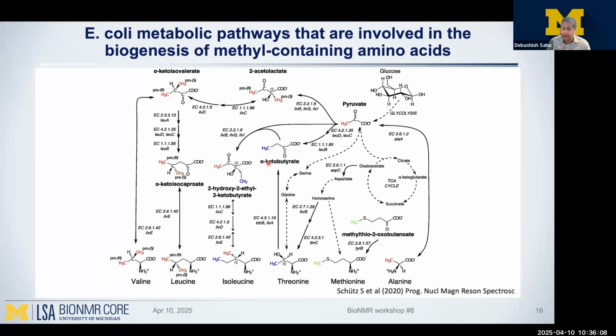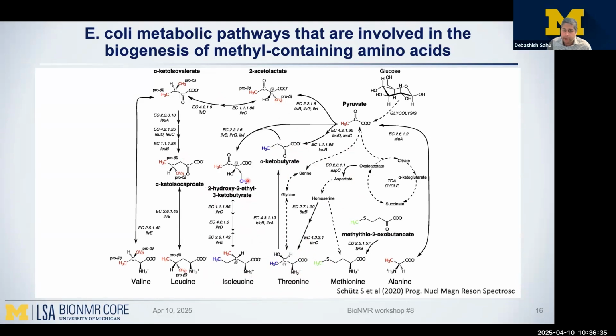And again, I can share the protocol with you at what point of time that you would add these metabolites. So basically, once it reaches a particular OD, you add this, and then once, let's say, you add this alpha ketobutyrate, you're going to label only the threonines. Okay, you're not going to label anything else. So you can make one protein with just threonine labeled.